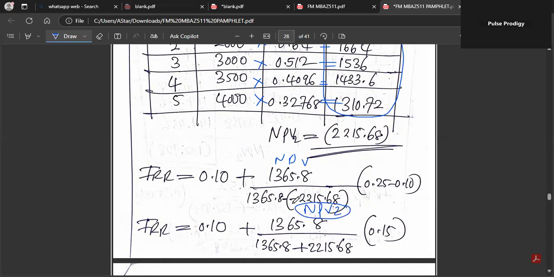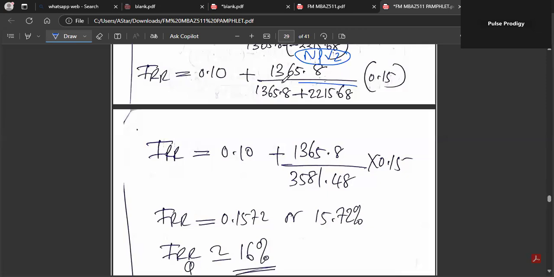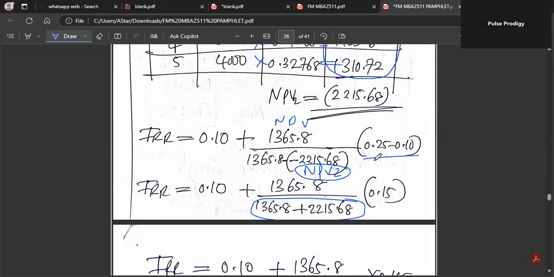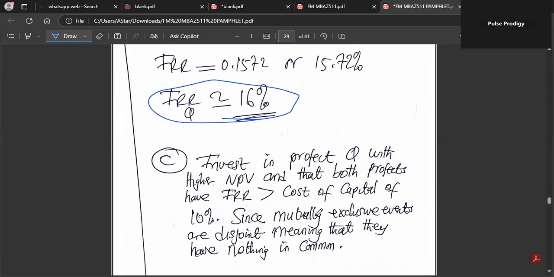So substituting these ones, we are getting 0.1, then on the other end here, this is an addition now, which is giving us 3,581.48, then multiplied by the difference in this end, 0.15, and we're simply getting approximately 16%. All right.